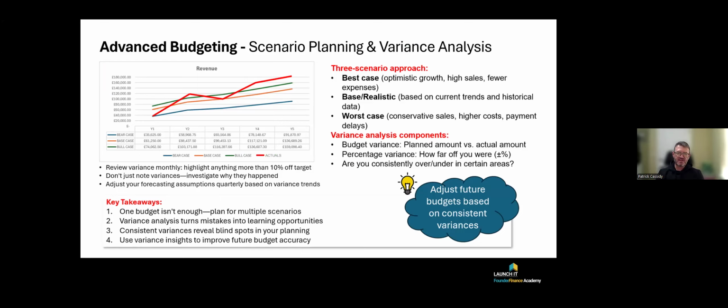Your costs could be greater than you expected. And it's important to understand how you respond and act to that. So when you've done your first budget, and you've planned that over a 12-month period, and then you expect to extrapolate that over longer periods of time.